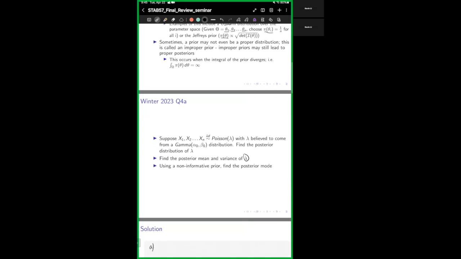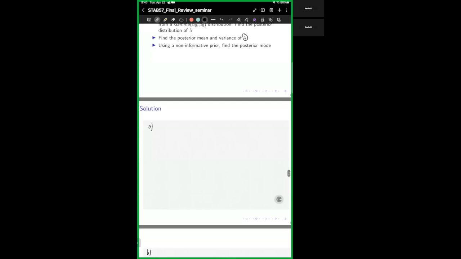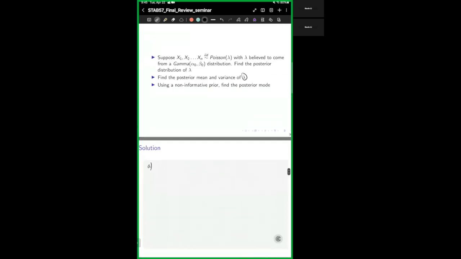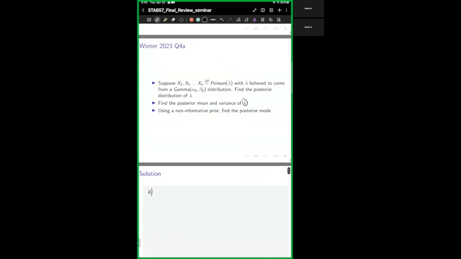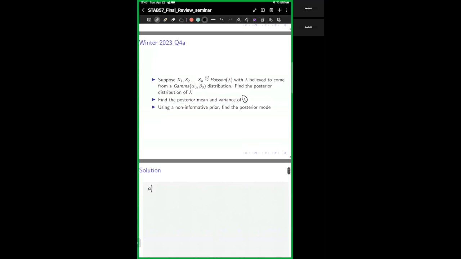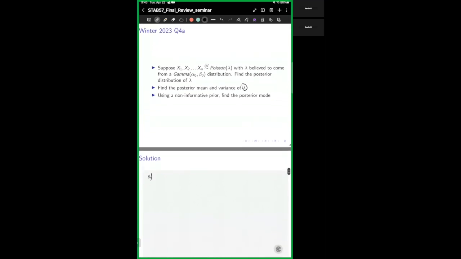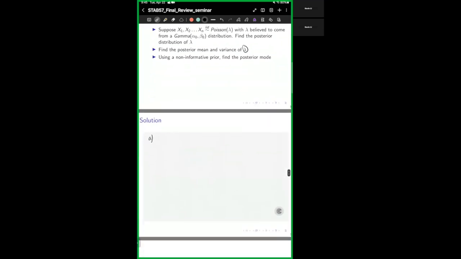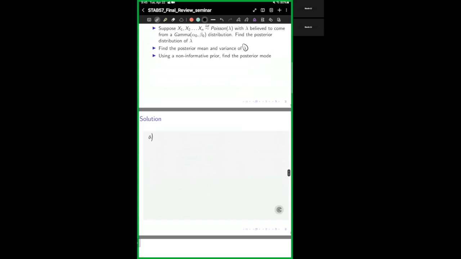So, to start with, we are given that x1 is distributed Poisson, where lambda can be expressed in terms of a gamma distribution. So let's write out the Poisson distribution. The Poisson distribution is as follows: P(x) is equal to e to the negative lambda, lambda to the x over x factorial.